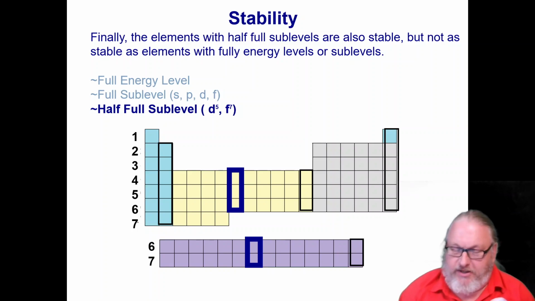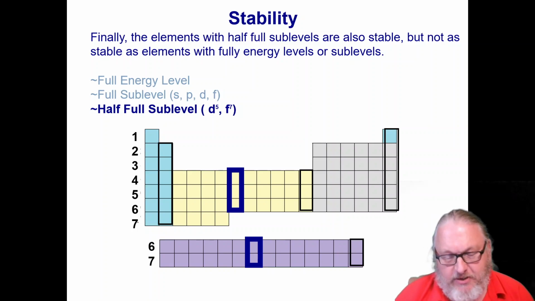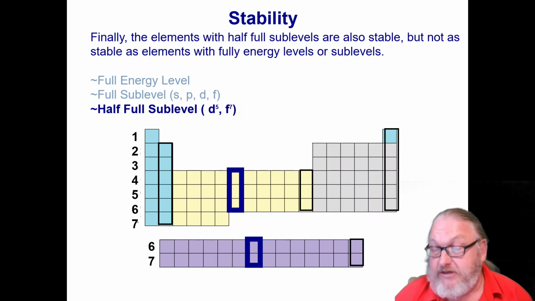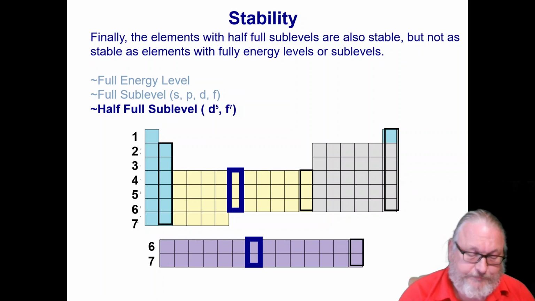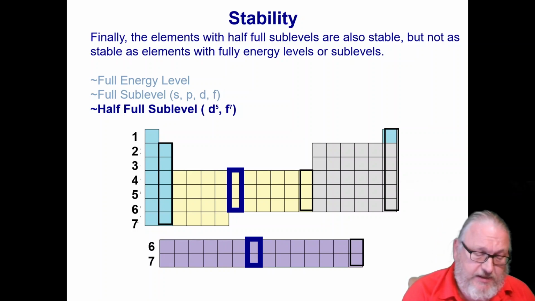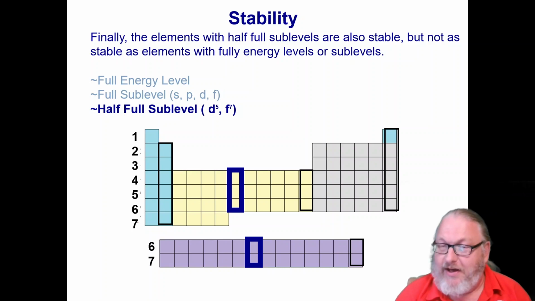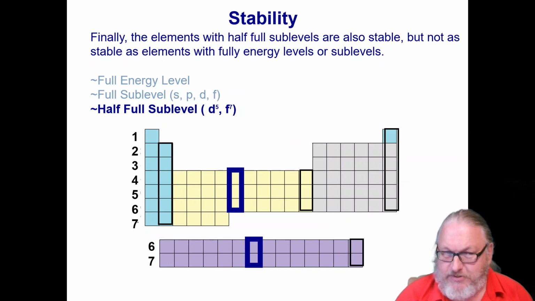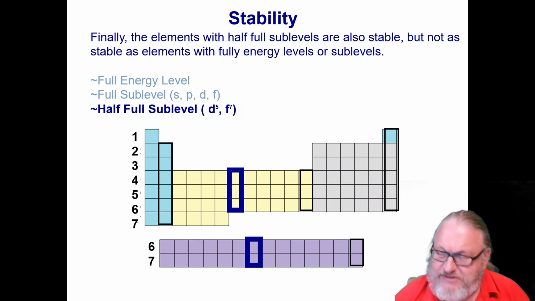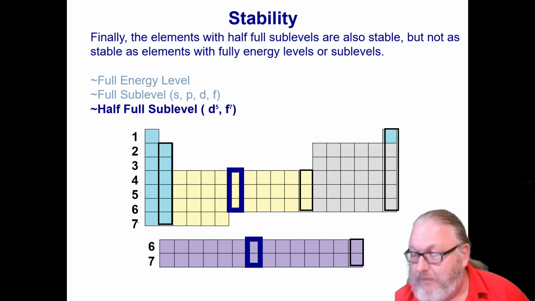So there we're talking about the D5s, which have one electron in each of those orbitals, and of course the F7s, where there's one electron in each of those 7 orbitals. They're not totally full yet, but they're happy. And of course P3s, they're not listed there, but they're a little bit more stable.